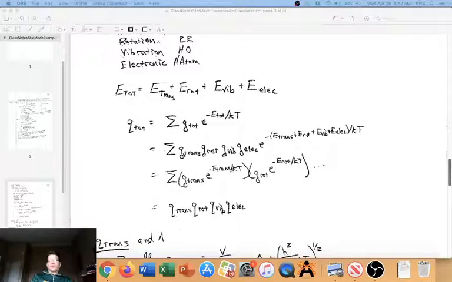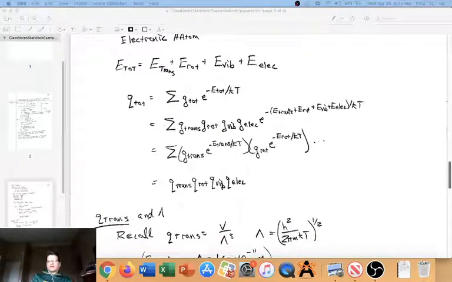If we put these in the sum, then you multiply by all the different degeneracies for the different total states to get the total degeneracy. Degeneracies multiply. If you have 2 rotational states for every 2 vibrational states, then you'd have 4 total combinations, for example. And this is still just the sum of all the energies.